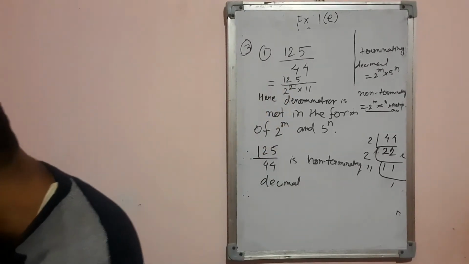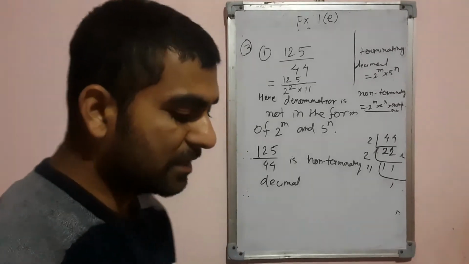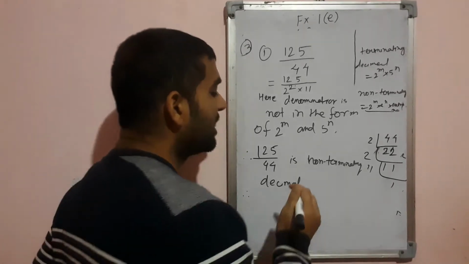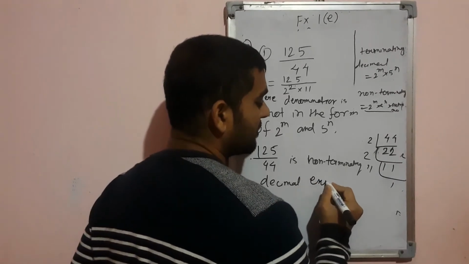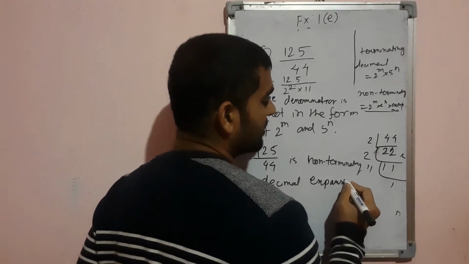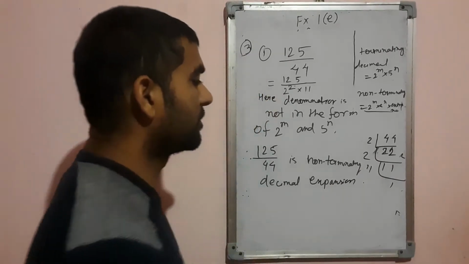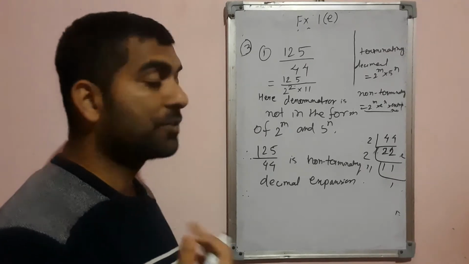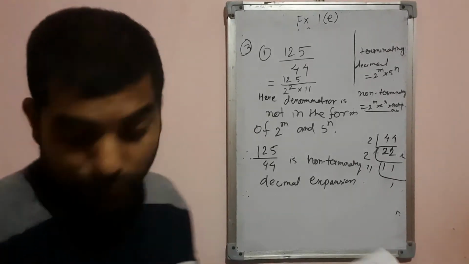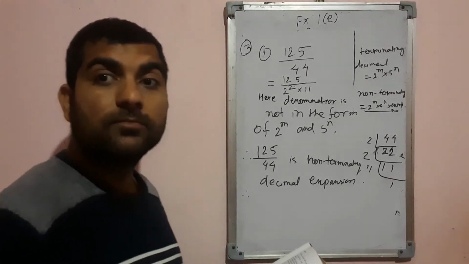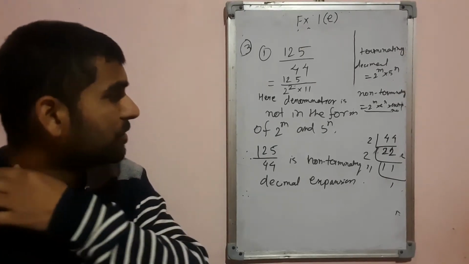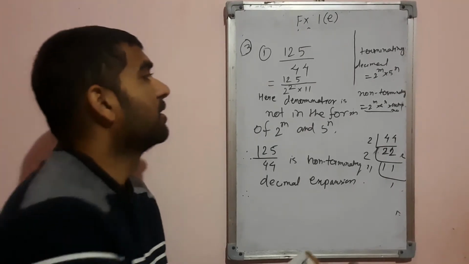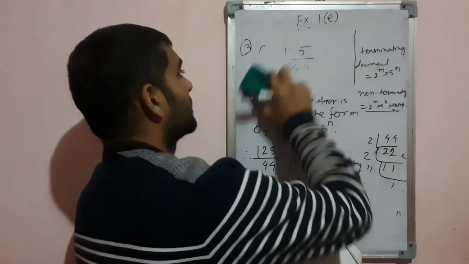You can write the same as in your question, non-terminating decimal expansion. Okay, so now we will try the next question. Skip B2 from here. We will do question number 2 from here. Let us try.